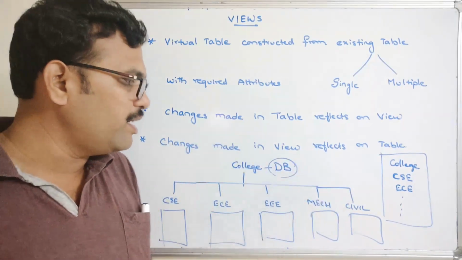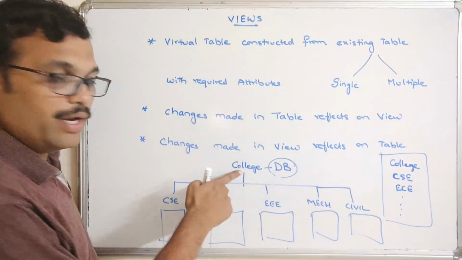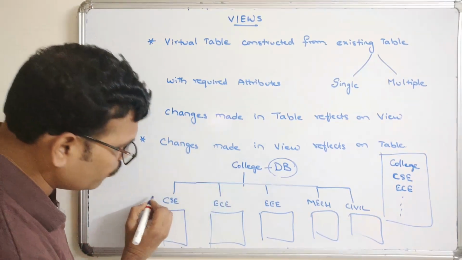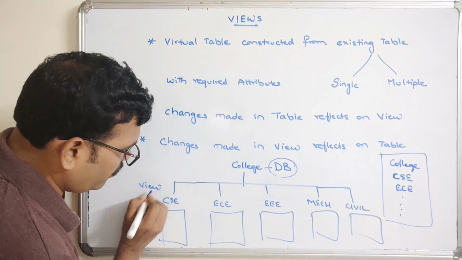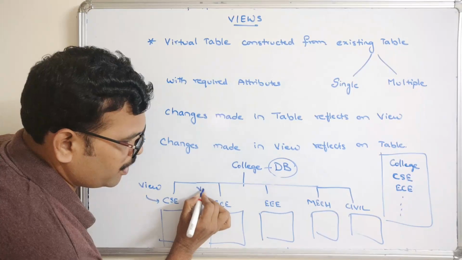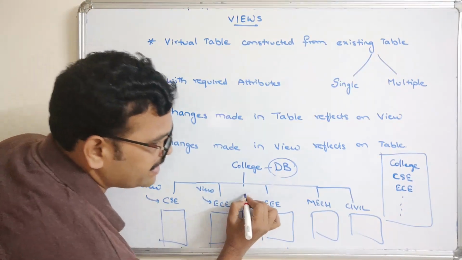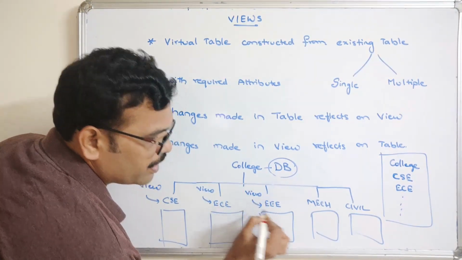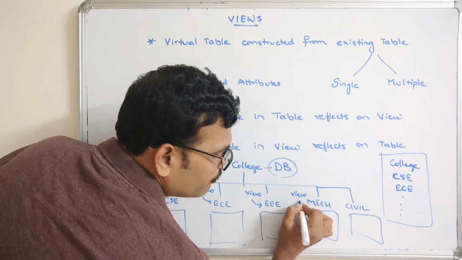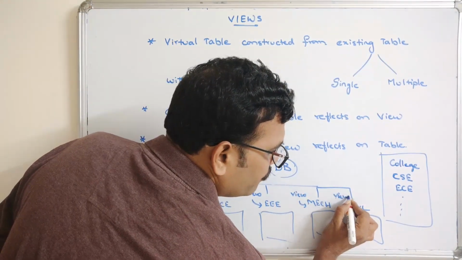So instead of doing that, we'll create a database for the college and we'll create a view for CSE, a view for ECE, a view for EEE, a view for mechanical, and a view for civil.